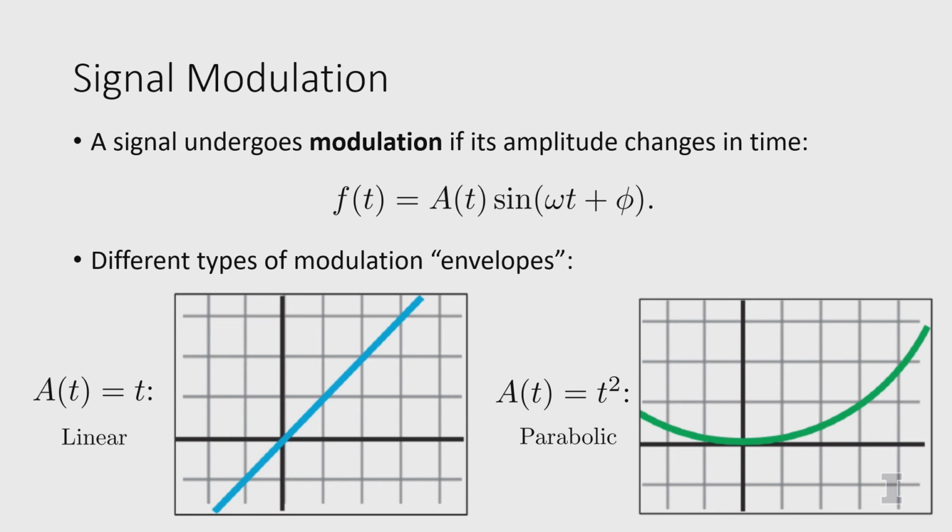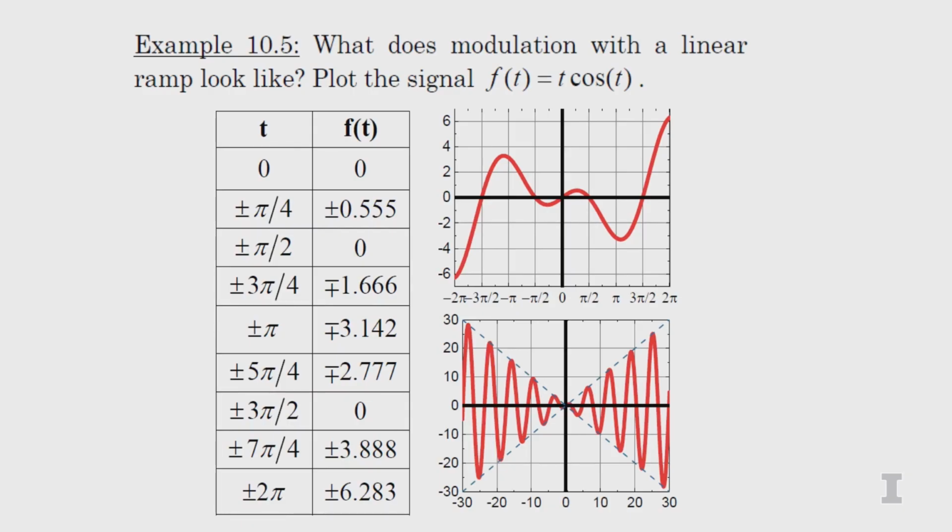Then you can take your sine wave and contain it in what's known as an envelope. If a of t was a linear envelope, a of t would be t, so this would be a line there, or you could have a parabola, t squared.